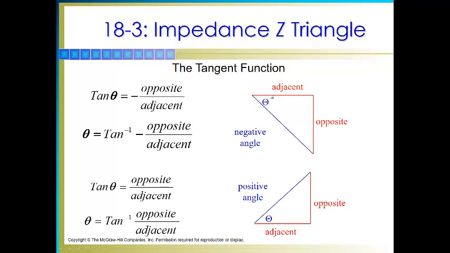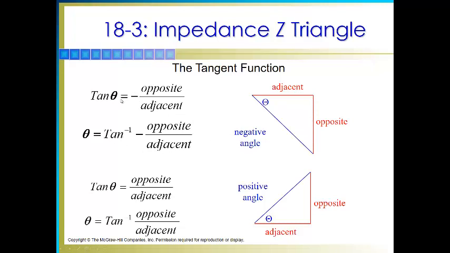This side right here is adjacent to the angle, and this is opposite to the angle. So it's going to be the opposite divided by the adjacent. However, if we're taking this as a reference, this will be the zero line, and now this is below zero, so this should be a negative value. That's why we have a negative right here, okay?